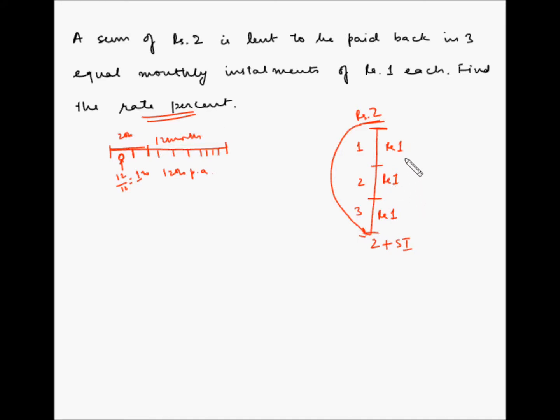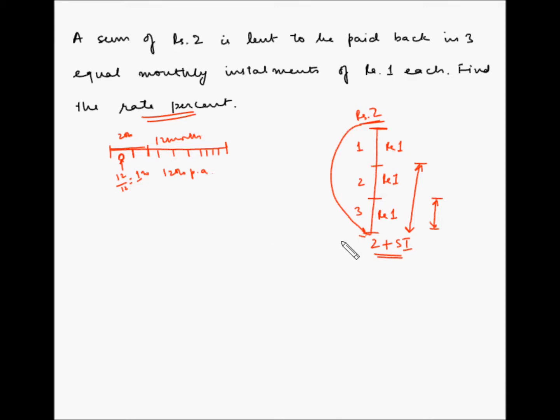Now, since the person is deciding to give back rupee 1, basically he is avoiding the interest for the remaining 2 months on the first installment, and when he pays back the second installment, he is avoiding the interest for the next 1 month. So basically, the installments plus the interest saved should be equal to the rupee 2 plus the simple interest if he was going to pay it in one shot at the end of 3 months.